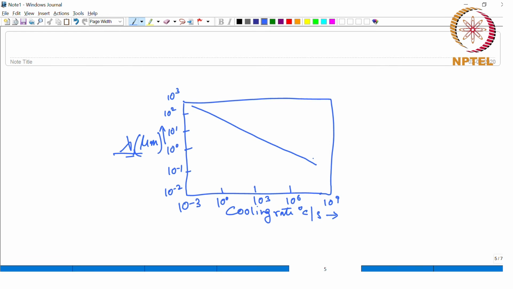So, for a different material, you will get a different line like this, but in any case, this is going to decrease with increasing cooling rate. The lambda is going to decrease with increasing cooling rate like this.